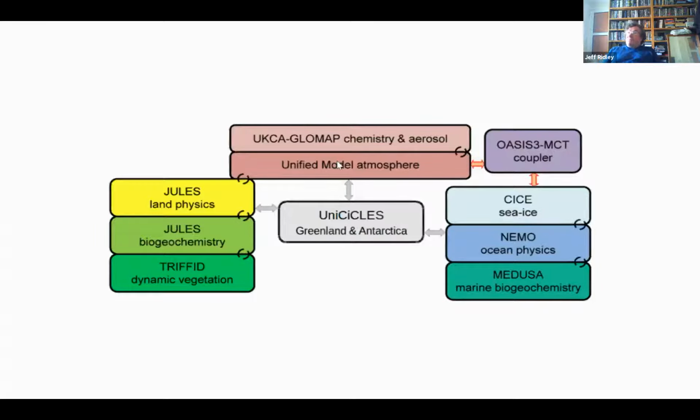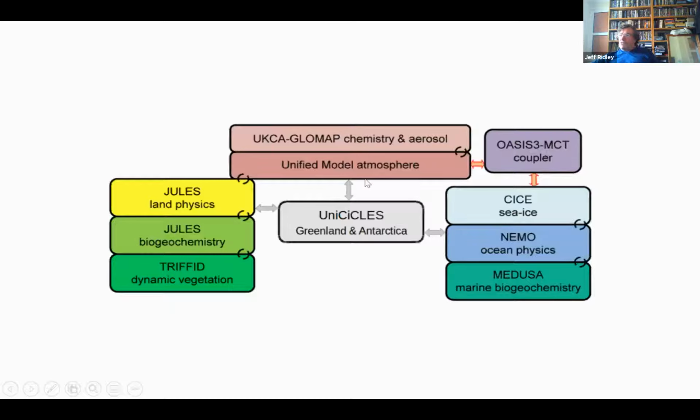The structure of this model and the ice sheets in this: the interface to the ice sheet is called Unicicles, and that interfaces with the land surface scheme, as the ice sheet is in the land scheme, and then interacts with the ocean physics, which is a model called NEMO.